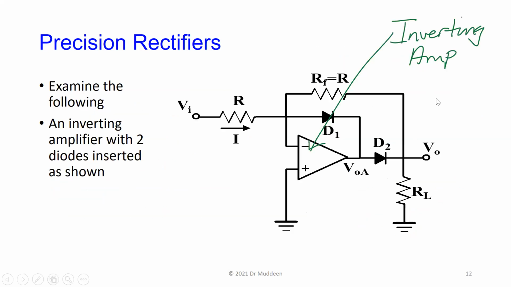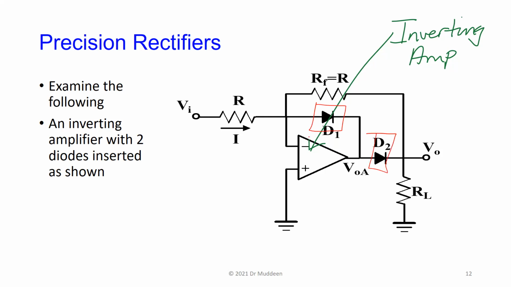One configuration we saw was this particular one that we saw in the exam, where you take a normal inverting amplifier, and in the amplifier itself, the two resistors here, if you ignore the diodes, is a normal inverting amplifier. And what we do is add these two diodes in this configuration here.